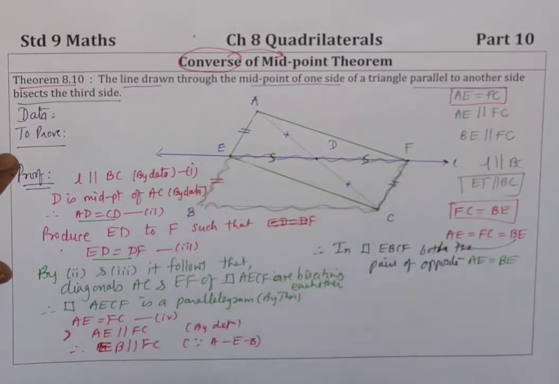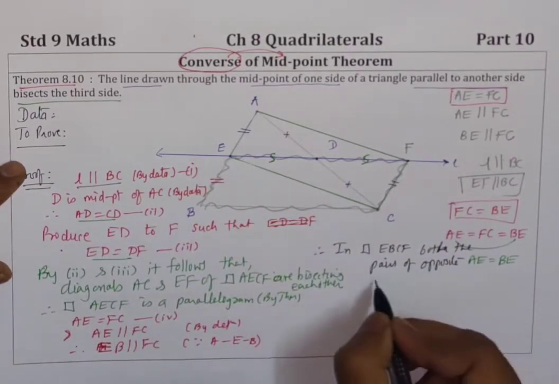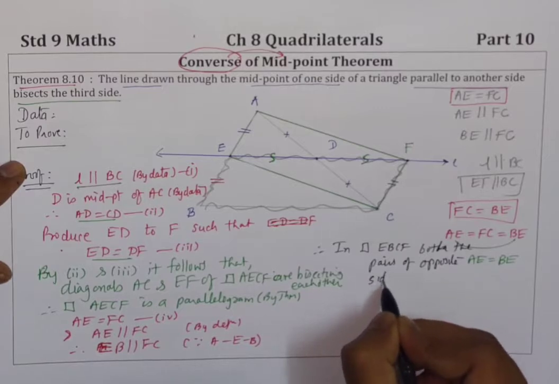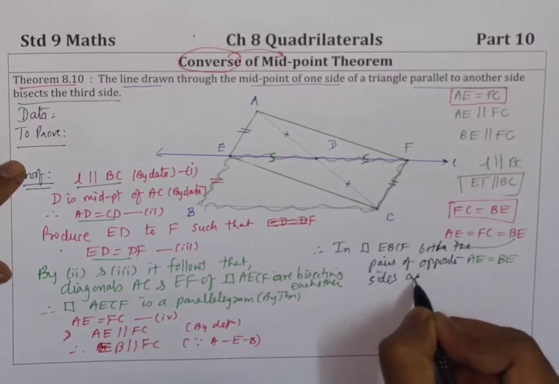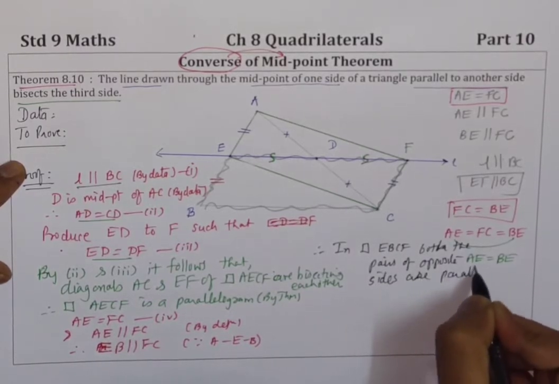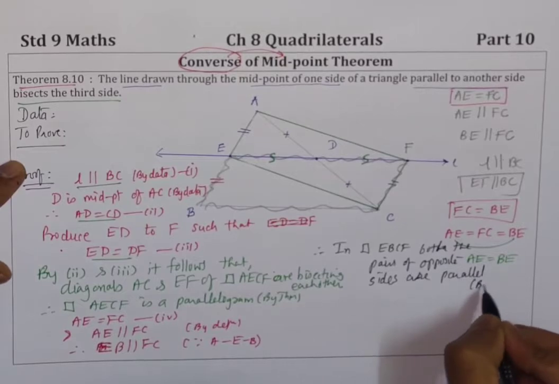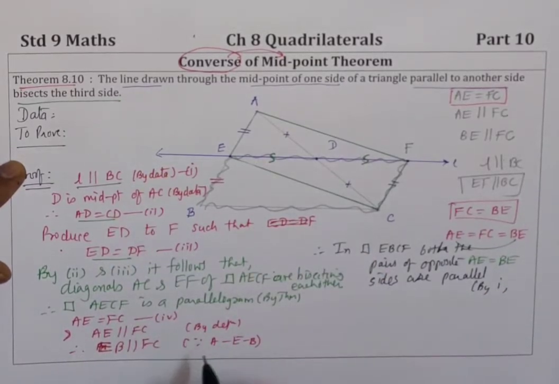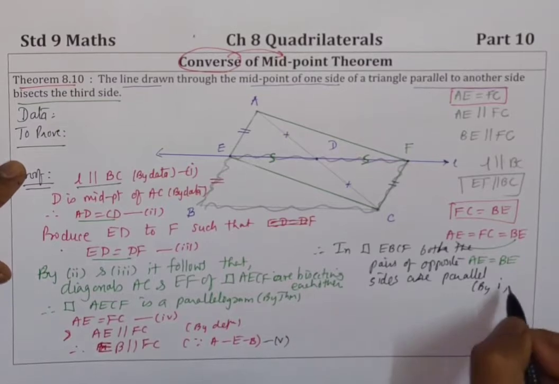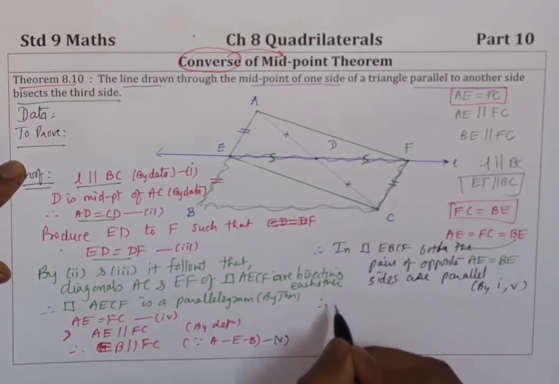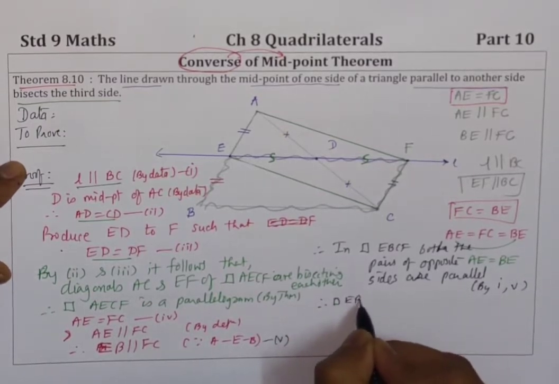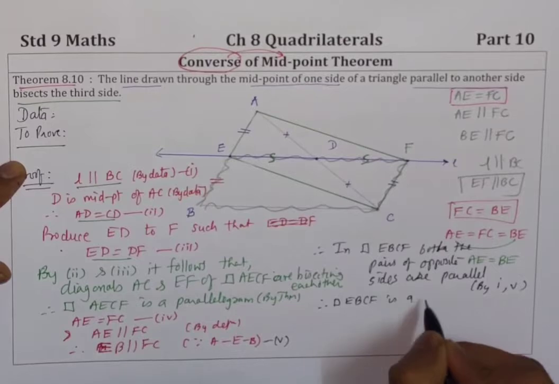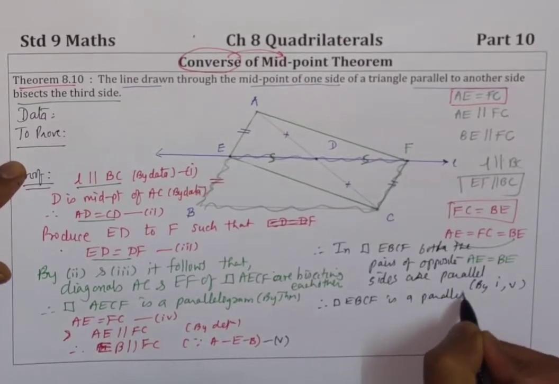EF is parallel to BC because L is parallel to BC. Both pairs of opposite sides are parallel, by 1 and by 5. Therefore, quadrilateral EBCF is a parallelogram.